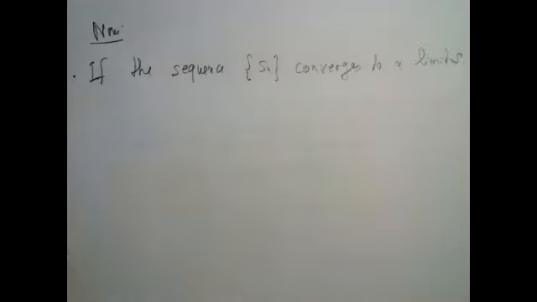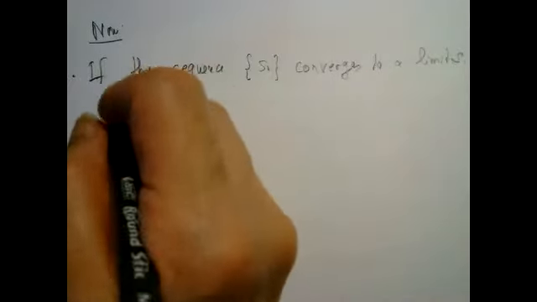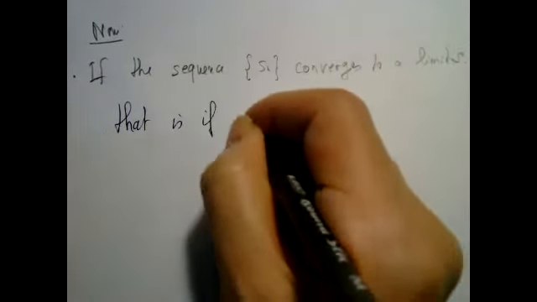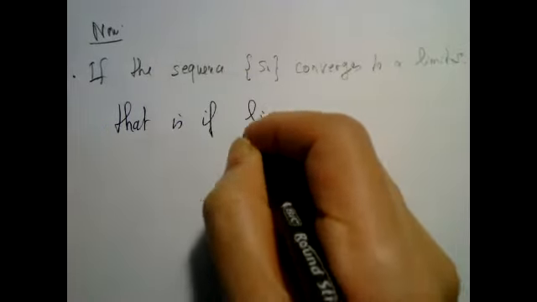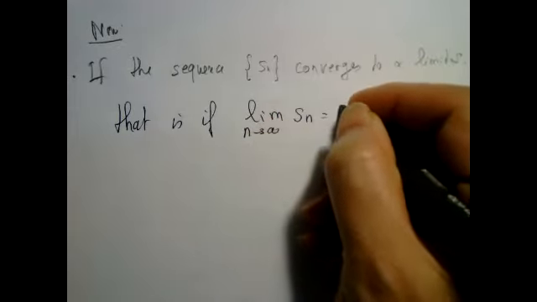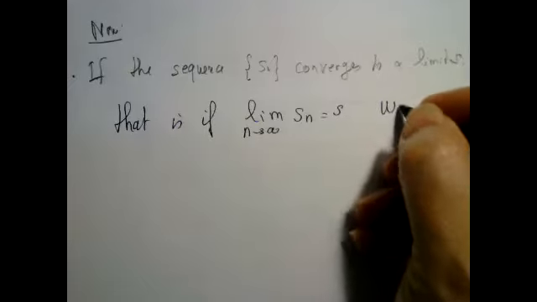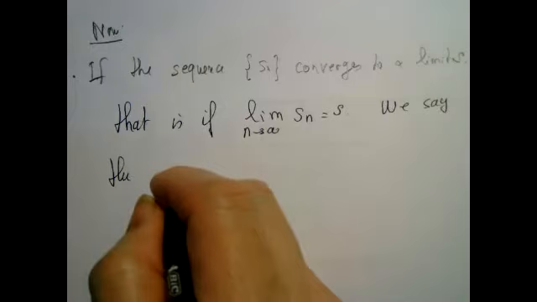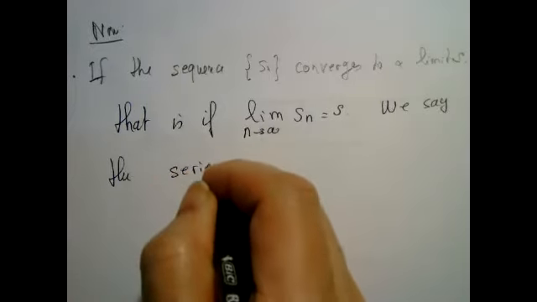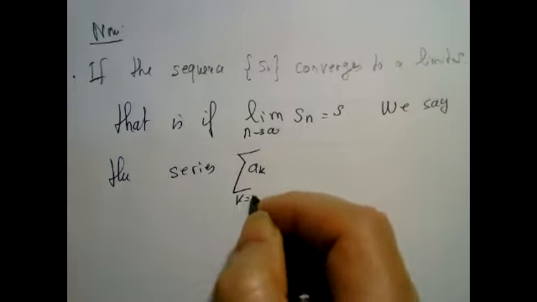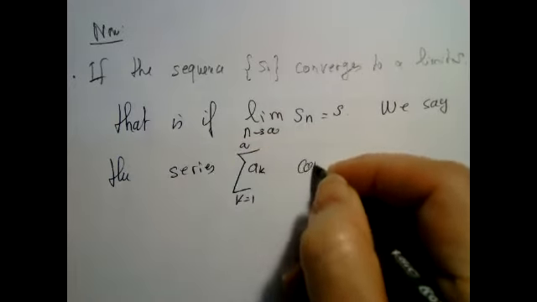If the sequence of partial sums converges to a limit S, that is, if the limit as n tends to infinity of the partial sums equals S, then we say that the infinite series sigma ak converges.